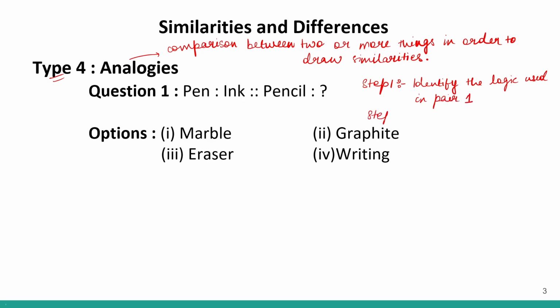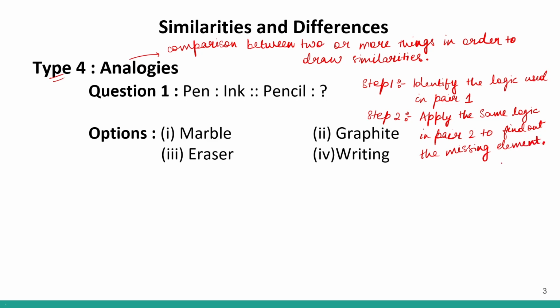And step 2 is to apply the exact same logic in pair 2 to find out the missing element. So by following these 2 steps, we can find out the answer to any analogy.